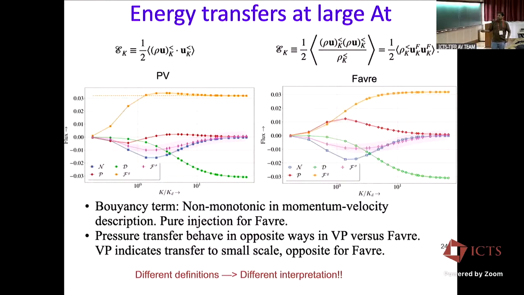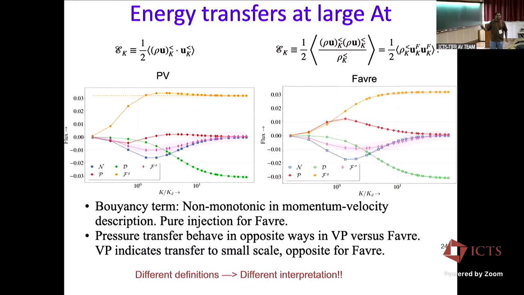The viscous dissipation is what you expect. The surface tension term, that's this F sigma, tells you that at some scales it's injecting energy into the system, or taking in energy from the system, and at other scales it's putting it down to smaller scales. So that picture is all right. But there is a very clear contradiction between the buoyancy injection and the pressure term.